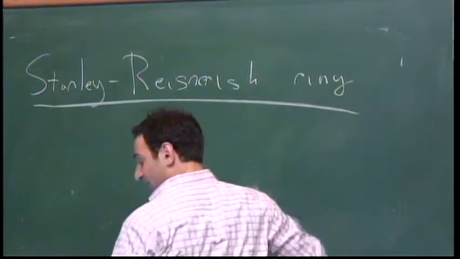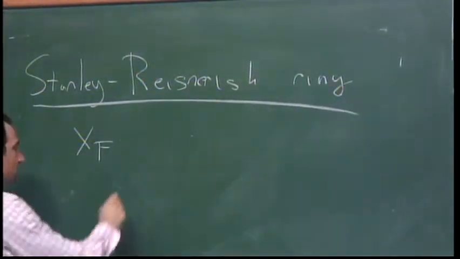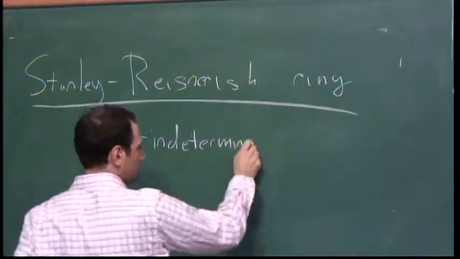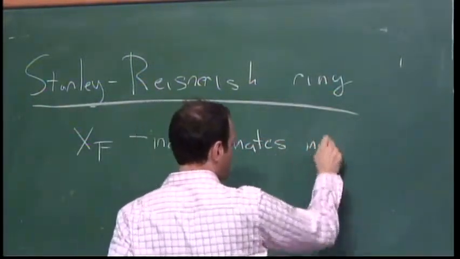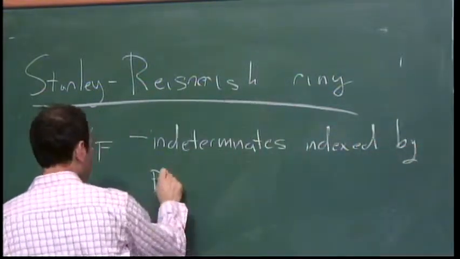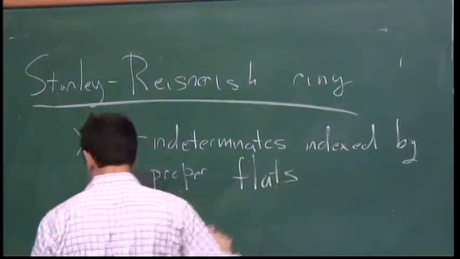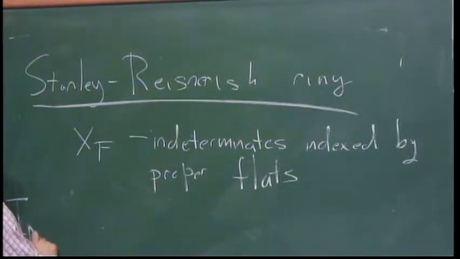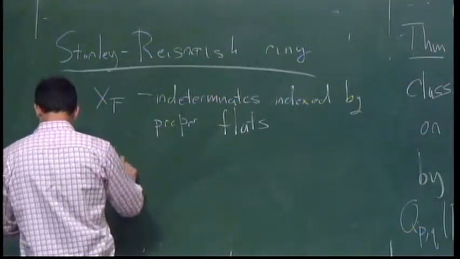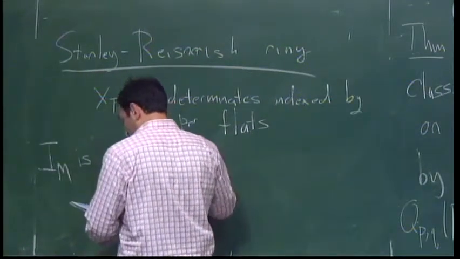So I'm going to have indeterminates indexed by proper flats. And I'm going to define an ideal as follows. So I sub m is the ideal generated by the following relations.